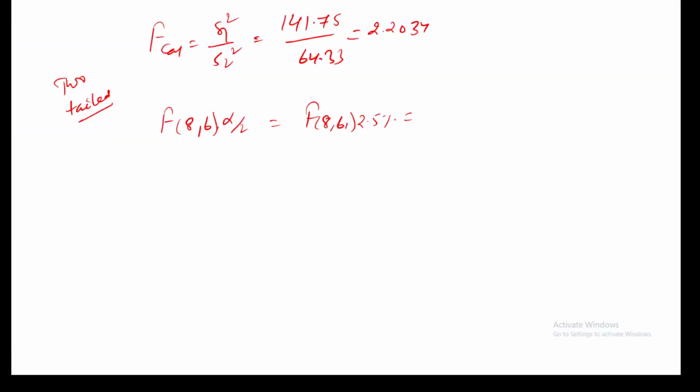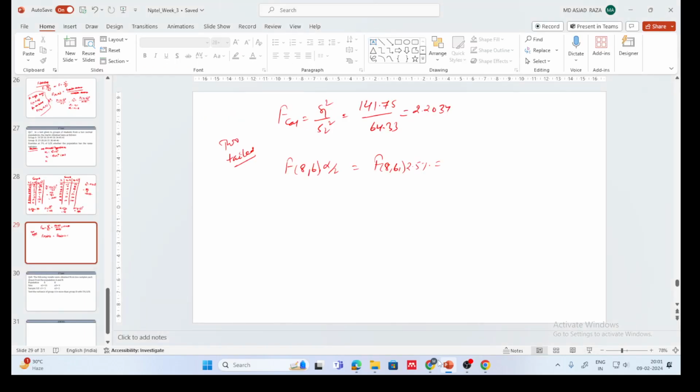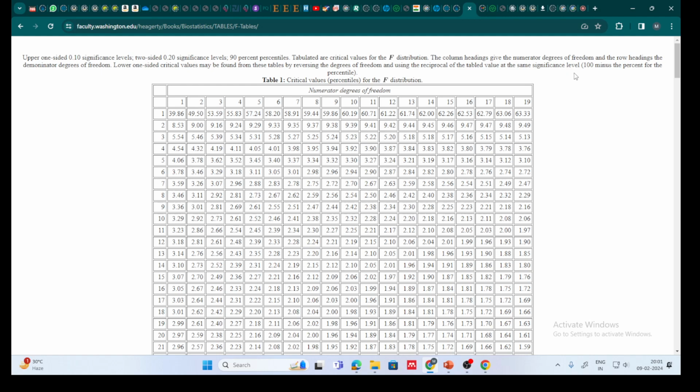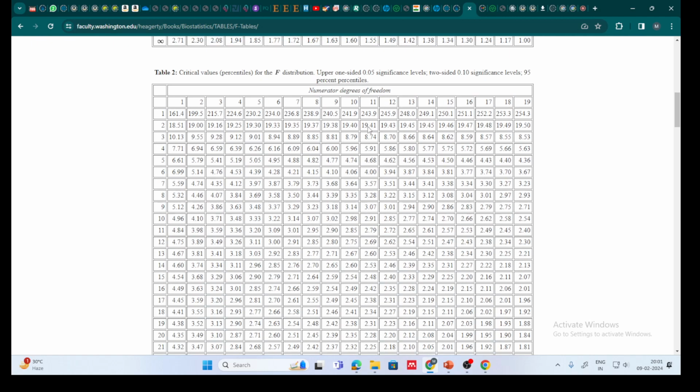Sir, can you tell me once more how to check the table? Yeah. Just say if we check about the 100 minus percentage, this is the one common table. If we want to go for the 5% percentile, one sided is the 5% percentile, and then two sided will be the 10%. So overall it's 95% percentile.